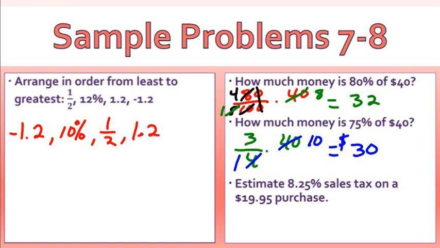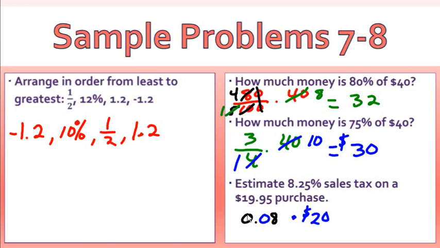And then estimate the sales tax on a $19.95 purchase. So, 8.25% sales tax. When we're estimating, we would say 8.25 is about 8%. So 0.08. 8% on $19.95, we can round that to about $20.